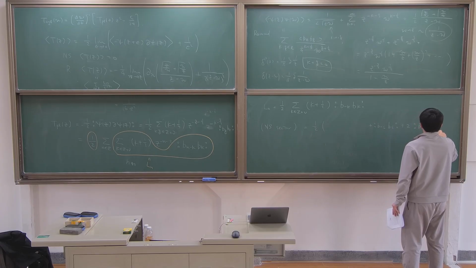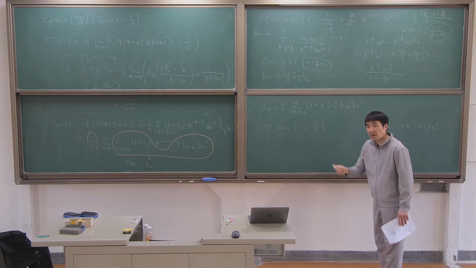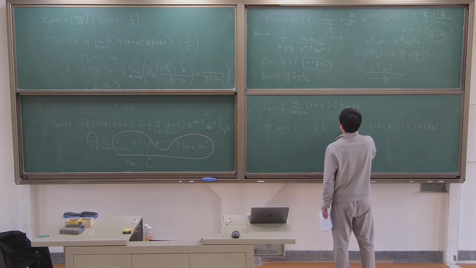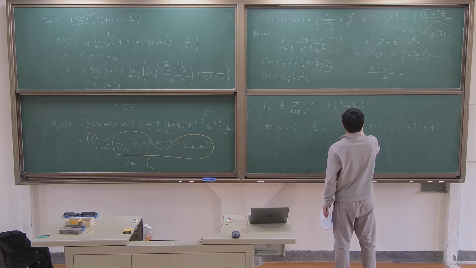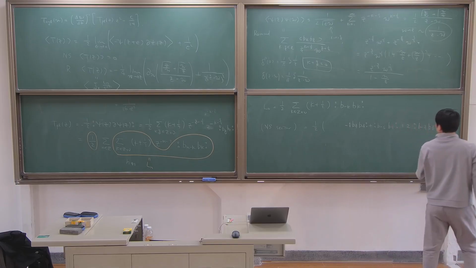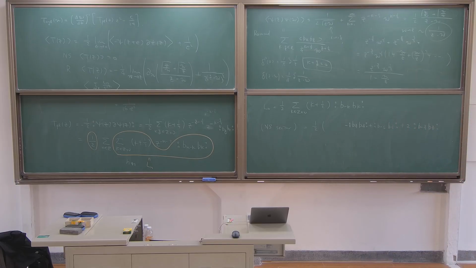That's what we get. On the other hand, let's look at k equal to minus 3/2. This is equal to minus 1 minus b 3/2 b minus 3/2. Is it okay?